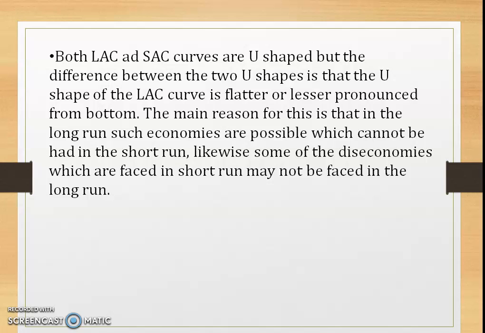As a producer, the point which will be chosen on the output is OR, so that the producer gets maximum quantity and a handsome profit. So this is for the long-run business. Of course, as a producer, he will definitely focus on profit and quantity.